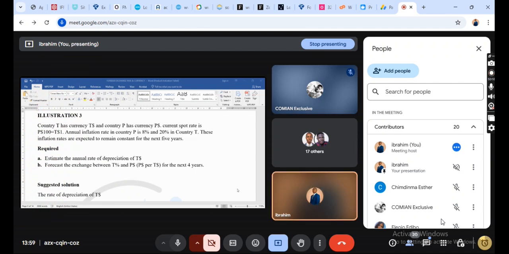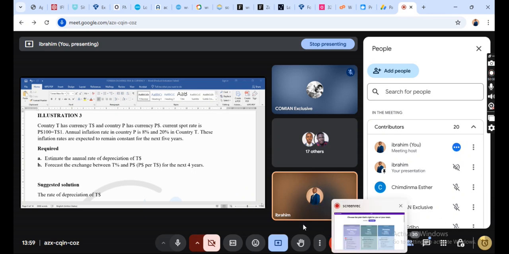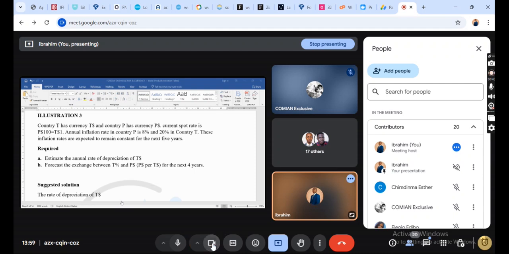That is it. I've said it, don't stress yourself. Direct or indirect is for conversion. Leave that part. All you should be looking at in the question, when you want to determine a percentage depreciation, is to pick the domestic currency.